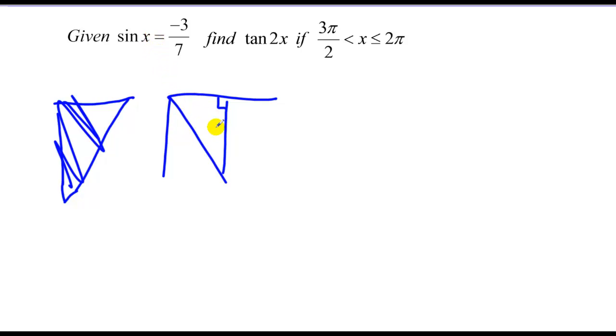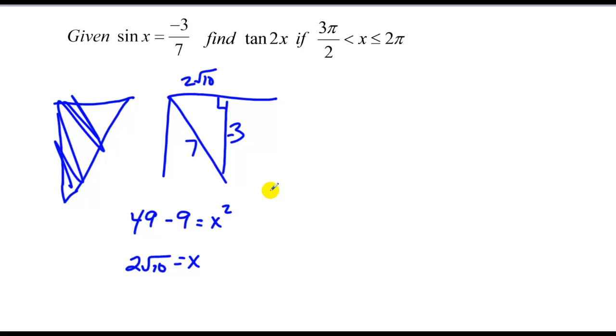And I have the sine given to me as 3/7. That guy's going to be negative. So I have 49 minus 9 is equal to x squared. So I have 2 root 10 equaling x. From there I can get anything I need.